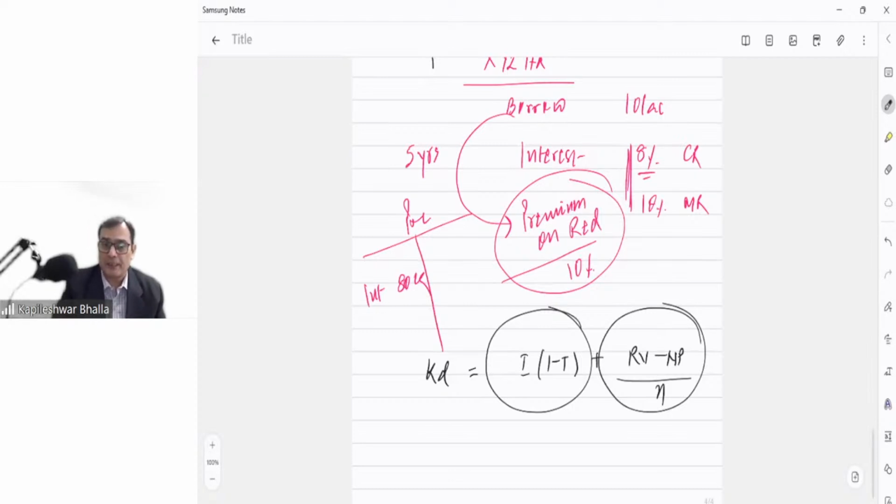So financial management also considered the cost of debt, saying that the money incurred to arrange a debt is not only the interest which you pay, but also the premium on redemption as well. And trust me, this Kd is nothing but it is supposed to be an internal rate of return.